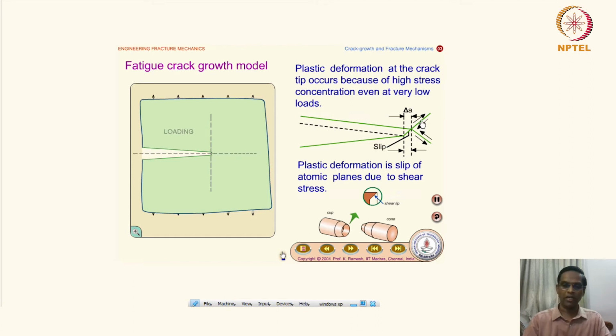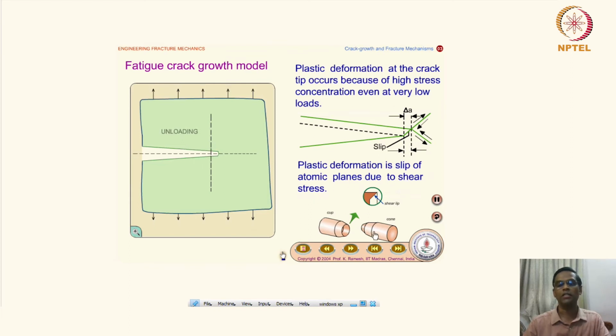You now have a better understanding of how plastic deformation takes place. And this delta A is the increment in the crack extension length. Plastic deformation is slip of atomic planes due to shear stress.